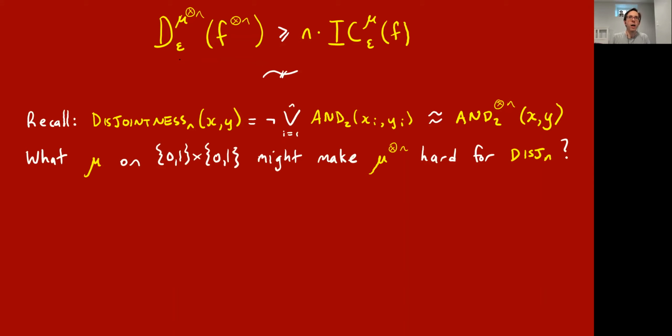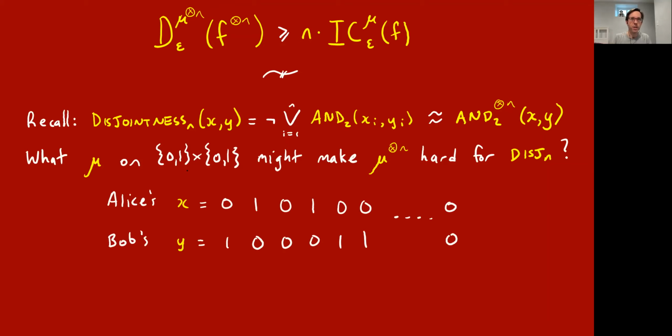And so if you want to use this, then you also need to have a probability distribution on inputs for disjointness. That's a product distribution, but a product distribution across pairs. Okay, so you might ask yourself, if the n bits, let me just put this up. Alice is eventually going to get a string, and Bob is eventually going to get a string.